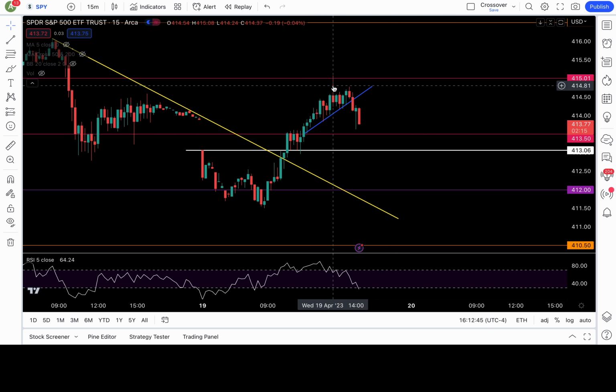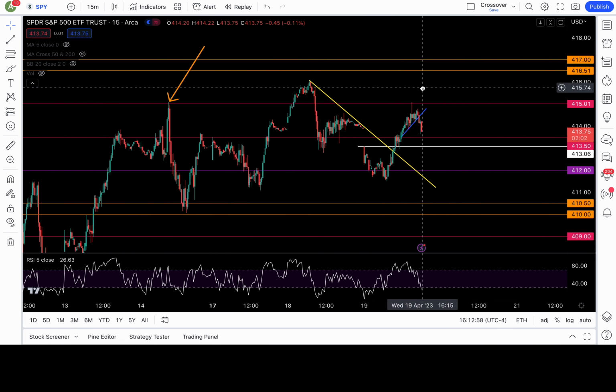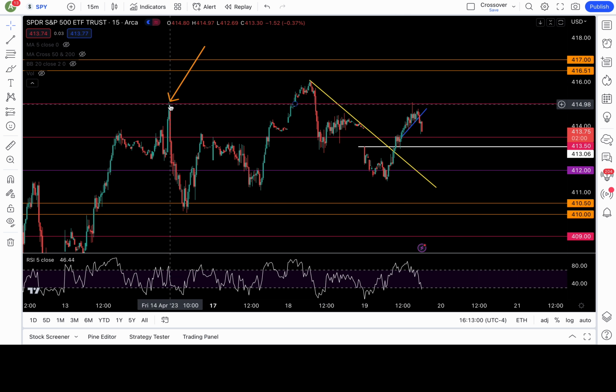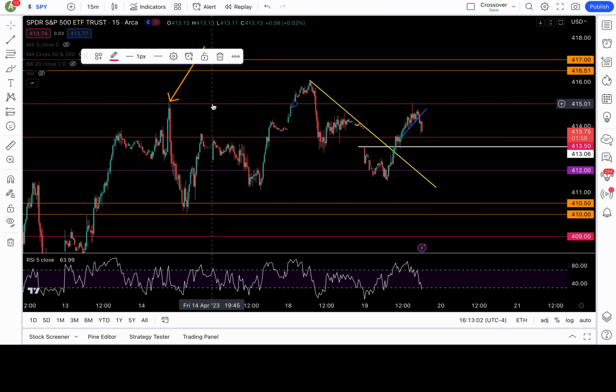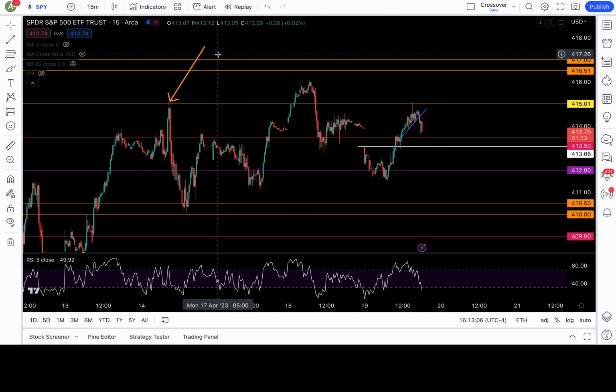And it worked pretty nicely up until we hit a brick wall, and that brick wall being the 415 level. Let me show you guys what I mean. This arrow is pointing out the 415, this yellow line.